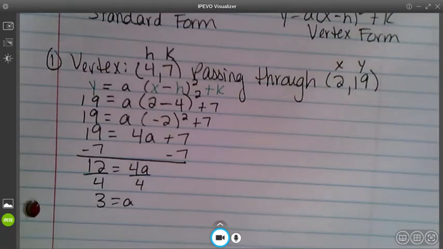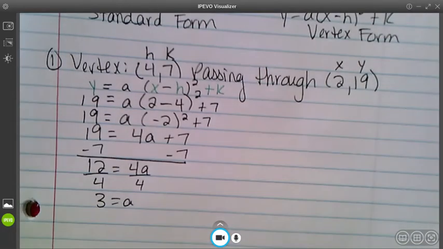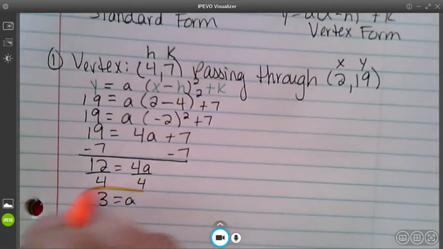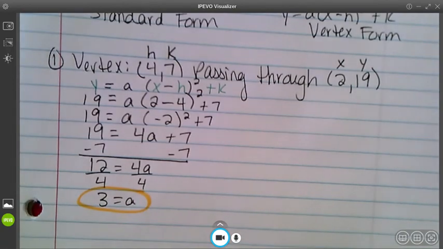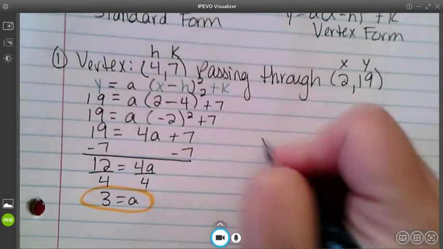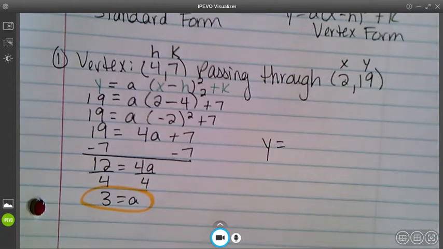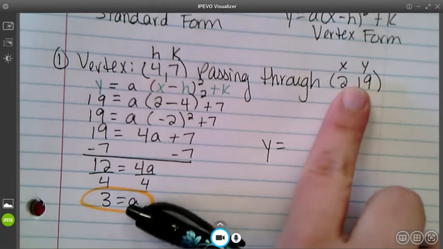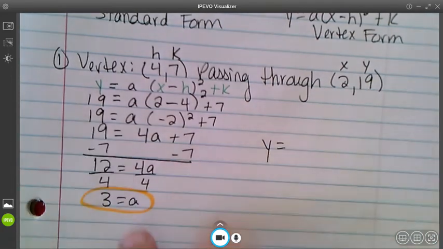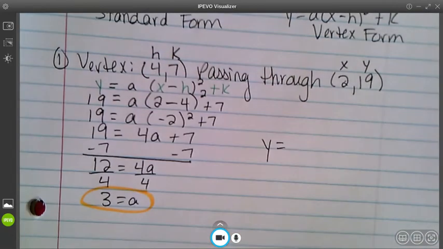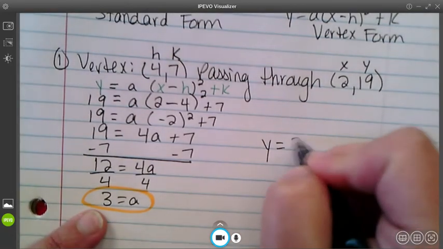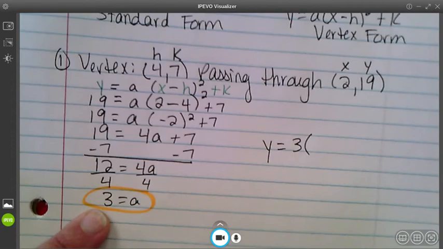Now I did all that work to get that A value because it needs to go in my equation, because my final equation needs to be the general form. So I don't want the numbers for X and Y anymore. I want the A, H, and K. So A is 3, so now 3 in front of the parentheses.